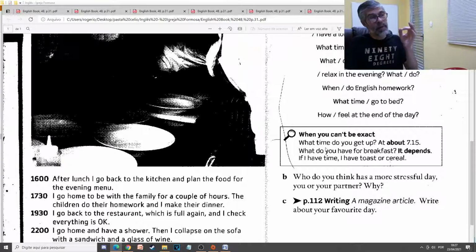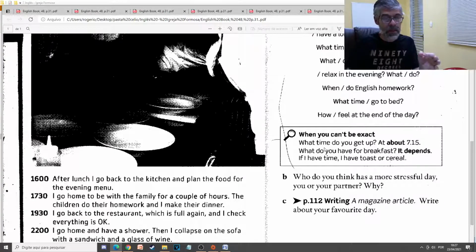If you are an English man or English lady, yeah, and you get up exactly at 7:15, but you do it every day, okay? Then you can say at 7:15.